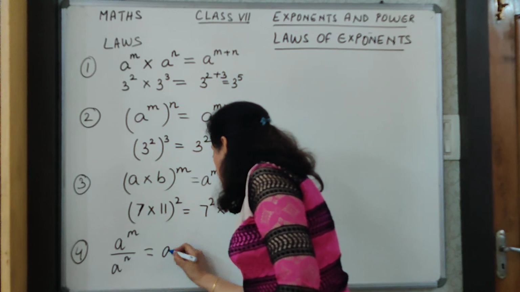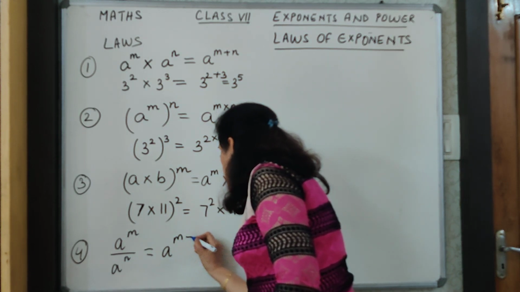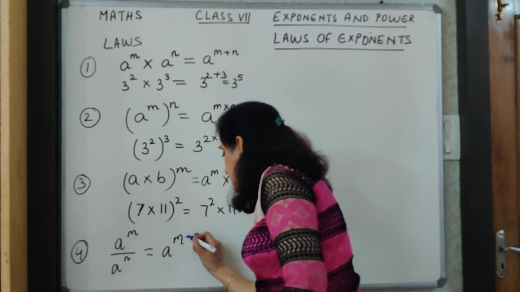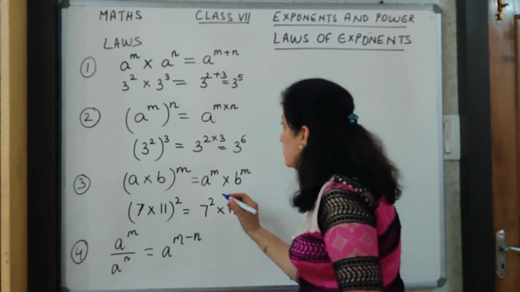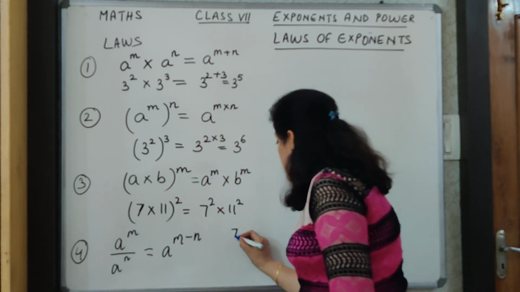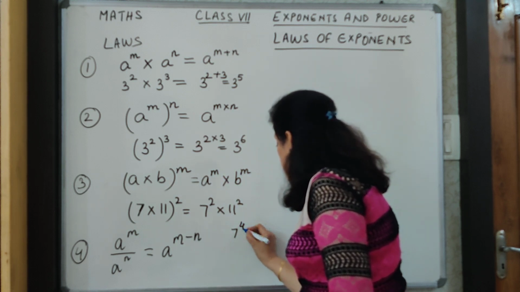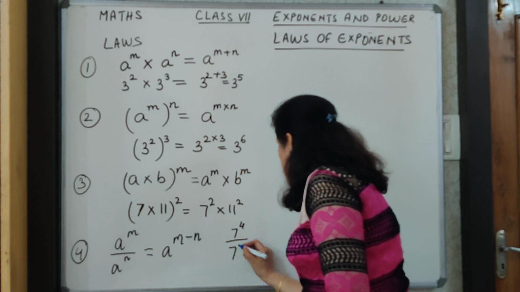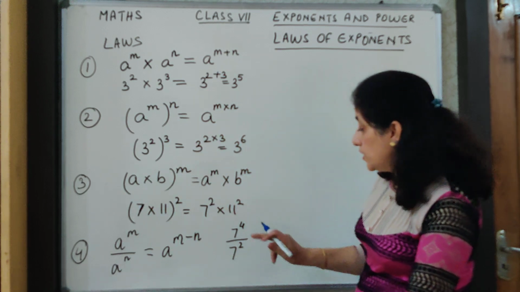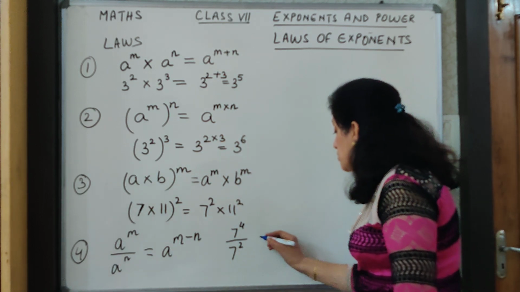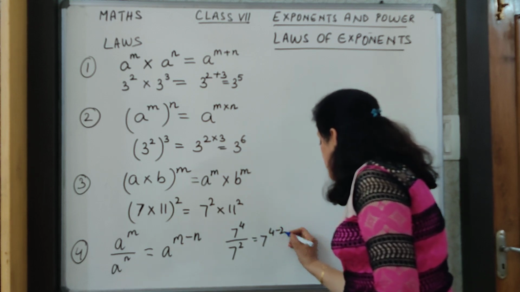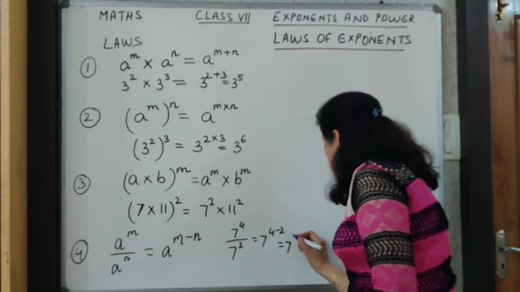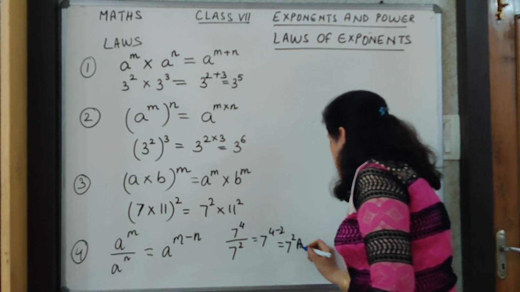So this will be a to the power m minus n. Alright, an example I will give you. Suppose I have 7 to the power 4 upon 7 to the power 2. This is upon, it is division. So this will become 7 to the power 4 minus 2 is equal to 7 to the power 2 as the answer.